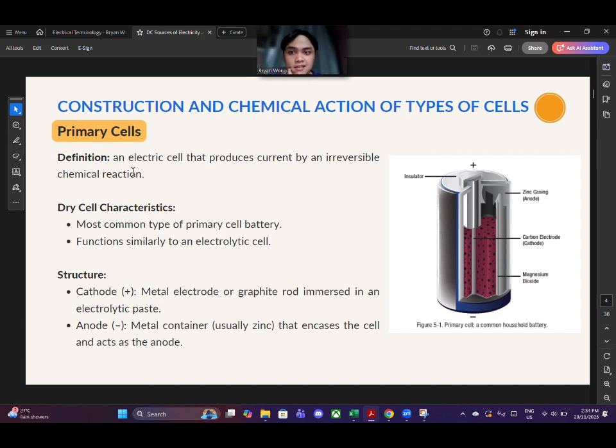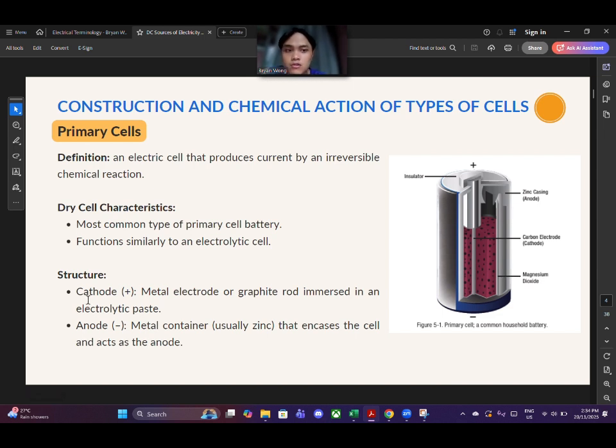Primary cells are also known as dry cells. The dry cell is the most common type of primary cell battery and functions similarly to an electrolytic cell. So those are the characteristics of primary cells.